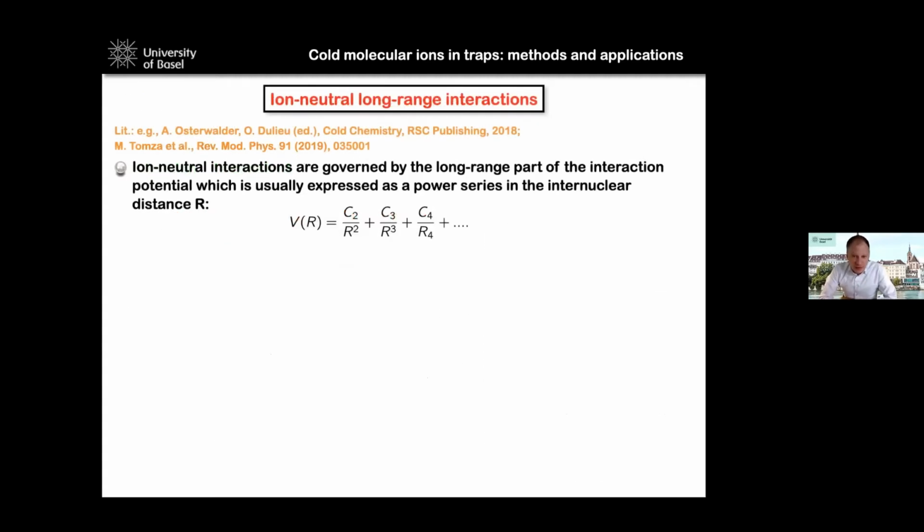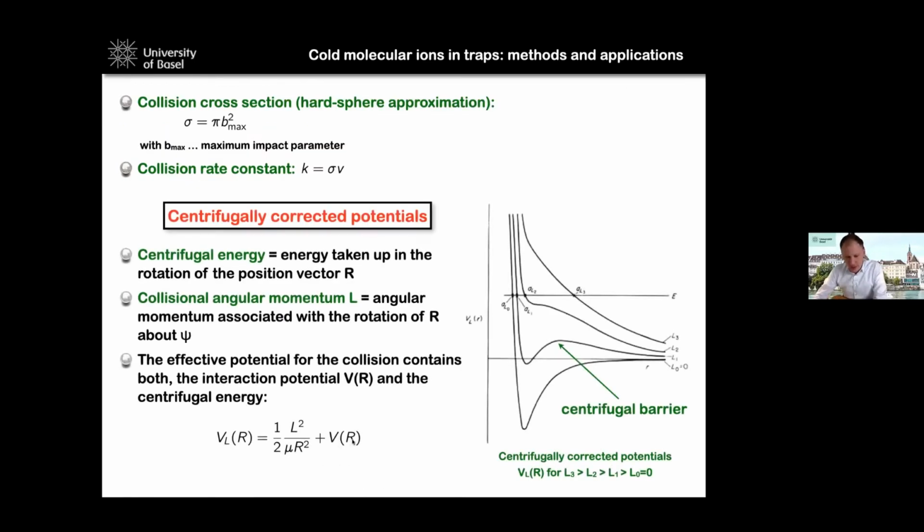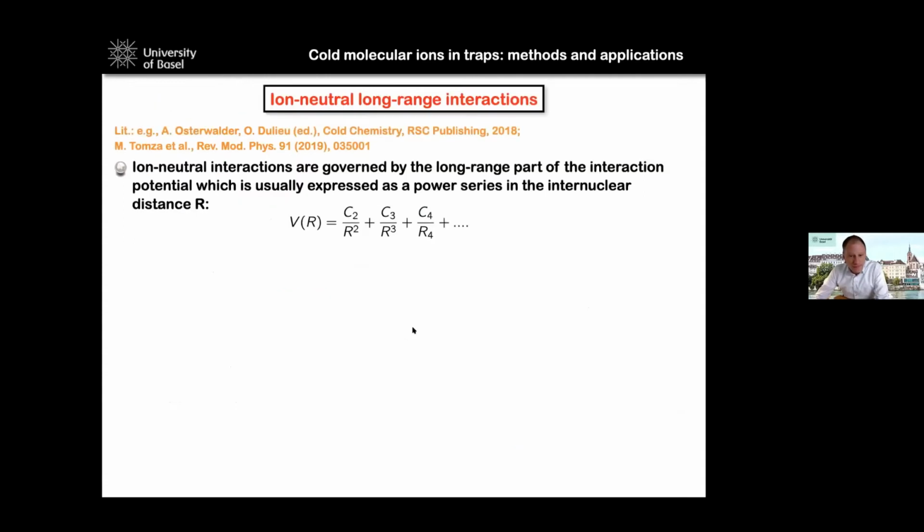Okay, so let's talk a bit more about interactions between ions and neutrals. In other words, let's talk a bit more about this interaction potential V of R. And our topic is ion-neutral interactions.